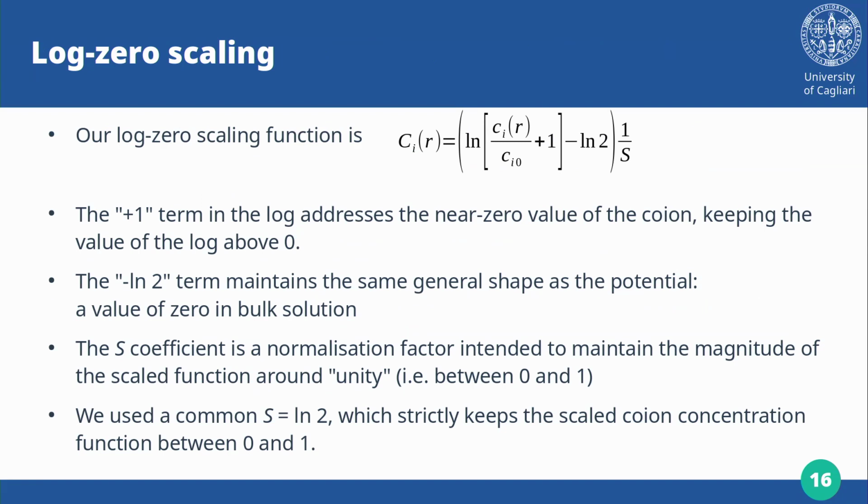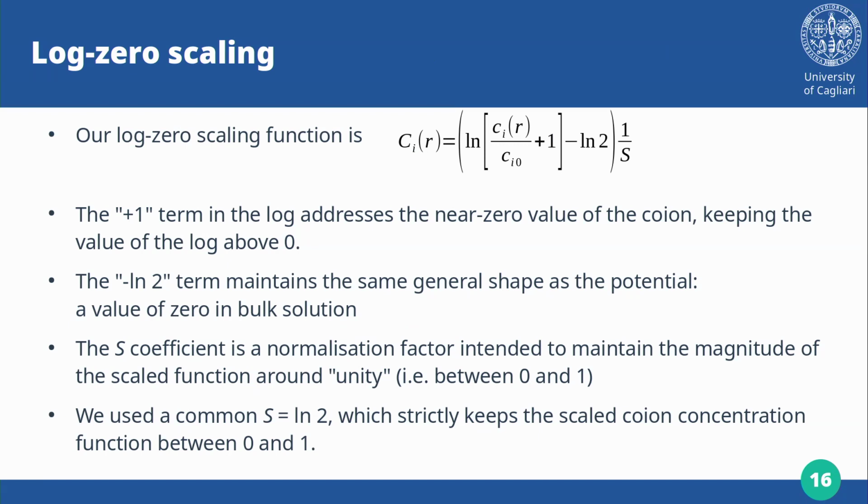And to compensate for that, they've subtracted off a log2, which is the value in the bulk solution. So the scaled function goes to 0 in the bulk, the same way that the electrostatic potential does. There's another scaling factor, again, for the co-ion to keep it contained between 0 and 1.